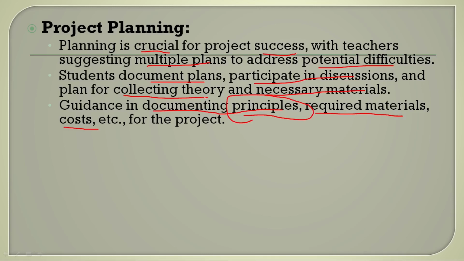They will collect the theory behind its working and the necessary materials. The same applies to the production of biofuels. They essentially have to collect the theory. Here they won't require the principles. Here they need to look for the life cycle of the organisms, or which organism is better for production of biofuels, and the required materials, sample collection, etc.